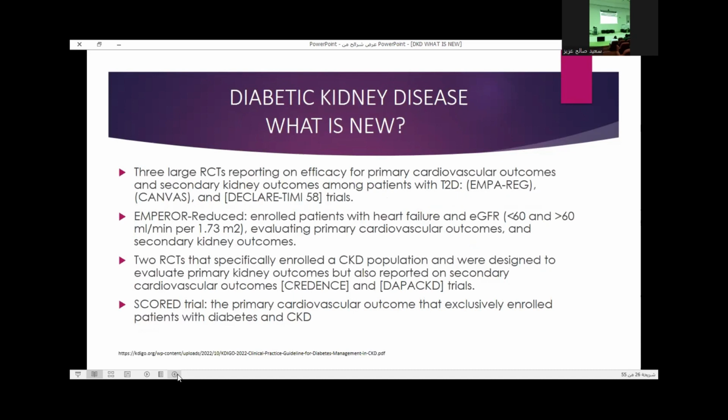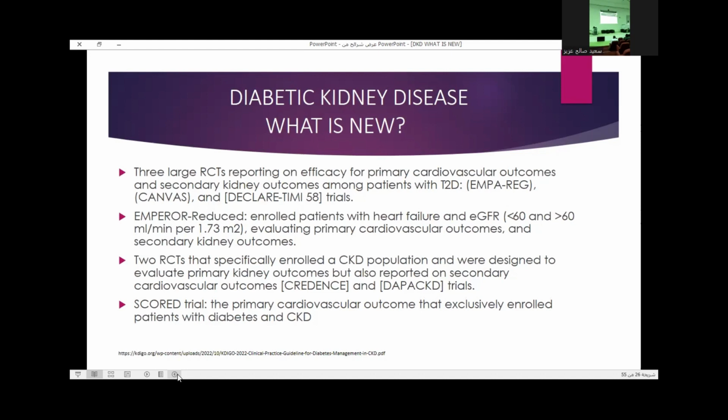So where is that coming from? As we know, there are many clinical trials done on this medication, but for us as nephrologists, there are 7 trials that changed our recommendation, including the EMPA-REG, the CANVAS, and the CREDENCE 58.